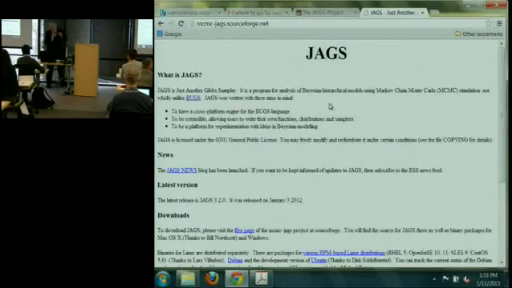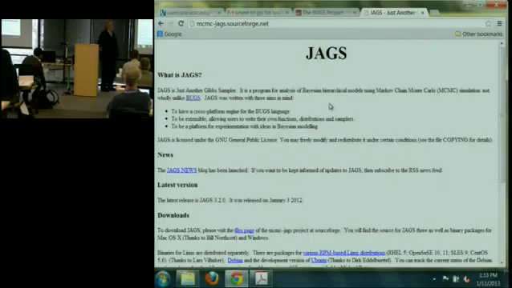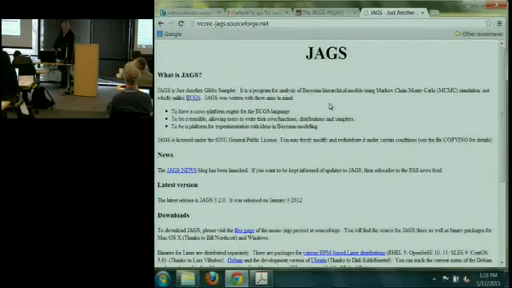I believe that JAGS is not able to fit as broad a variety of models as WinBugs is. And so I'm going to show you examples in WinBugs in this class, and then I'll try to do my best to help you bridge from the Windows environment into your environment. That's going to be how we're going to try to do it.